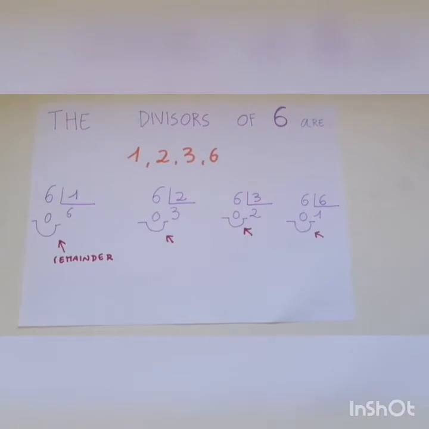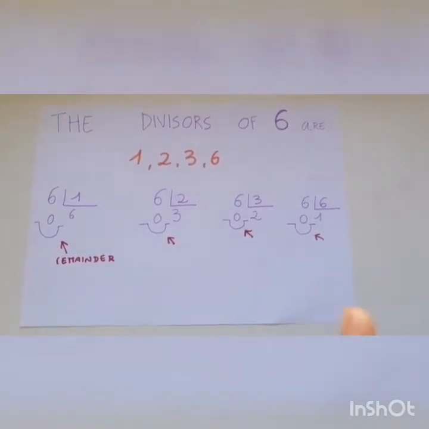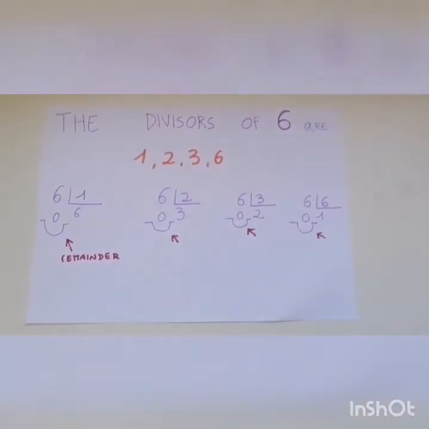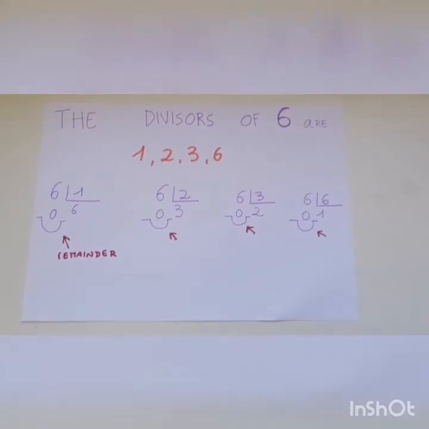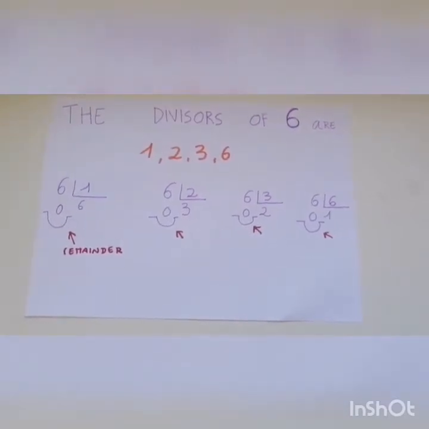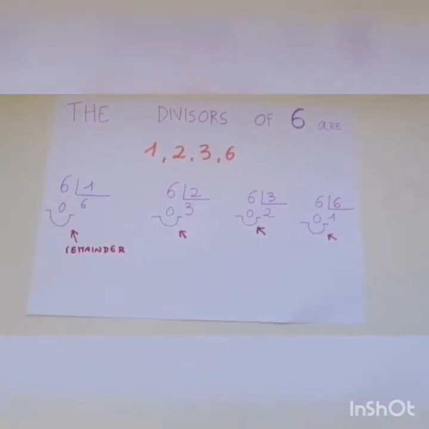And 6 divided by 6, the remainder is 0. Here, an important thing: all numbers are divisors of themselves. Okay? Excellent, guys. We know what a divisor is.